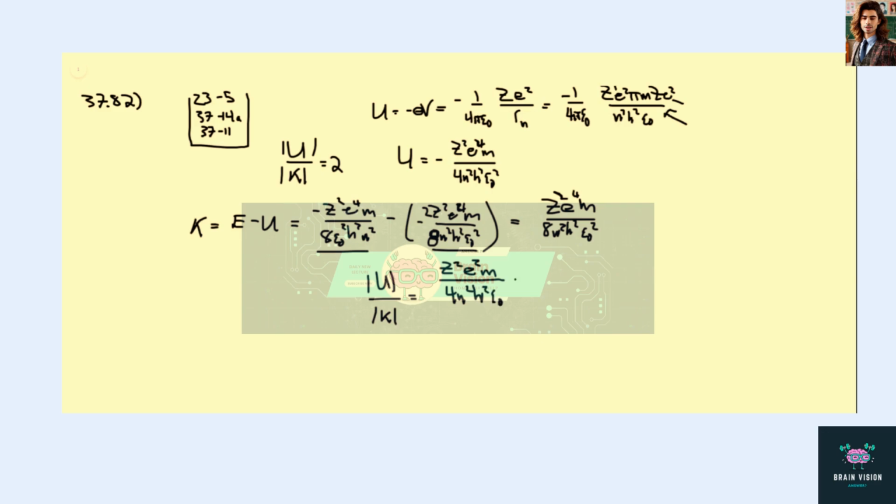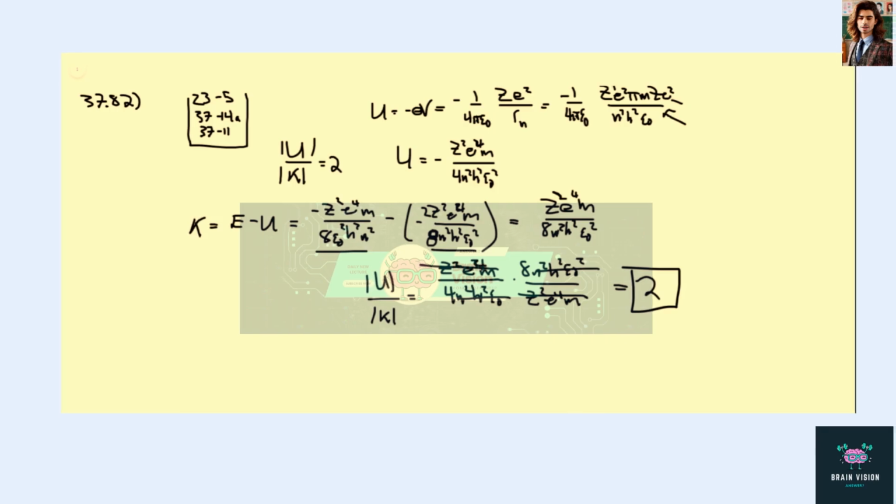Now 1 over K gives us on top 8 n squared h squared epsilon naught squared, and on bottom Z squared e to the fourth m. So we should see these all cancel out perfectly, and then we just have 8 over 4 equals 2, which is exactly what we wanted to show. Awesome.